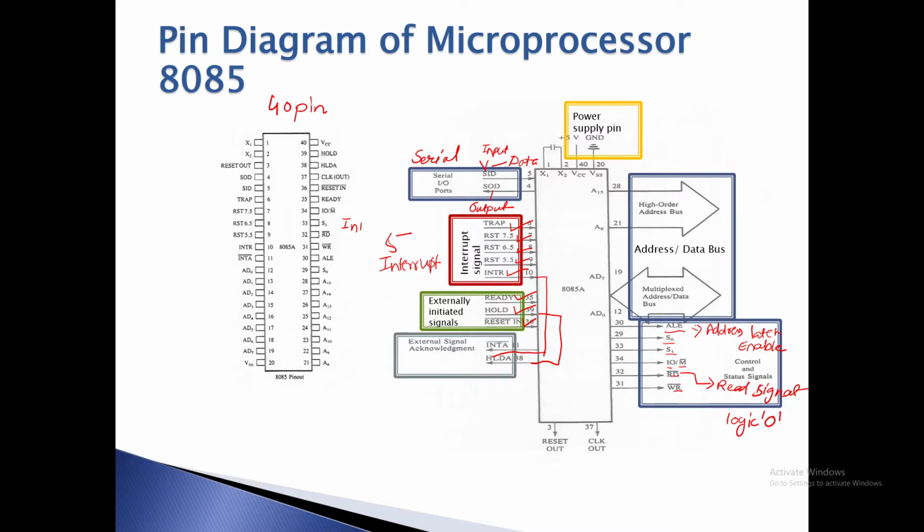Where there is no bar above, that means you have to provide logic 1 for activation. Whereas if you want to activate a signal which has a bar over its head, then you need to provide logic 0. And WR is the write signal.